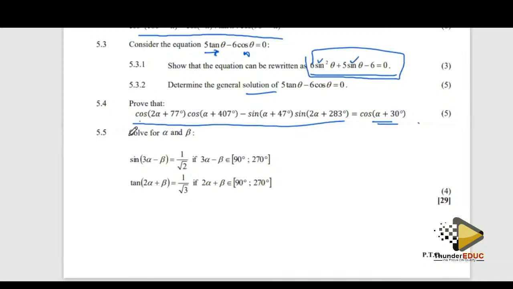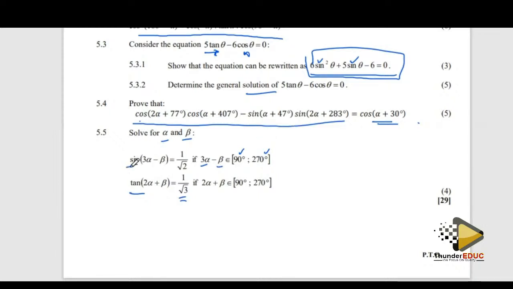Then question 5.5, they want us to solve for α and β. The sine of (3α minus β) is equal to 1 over root 2, if 3α minus β is between 90 and 270, quadrant 2 or 3. At the same time, they're telling us tan(2α plus β) is equal to this. So let's get rid of these ratios and focus on the variables alone.